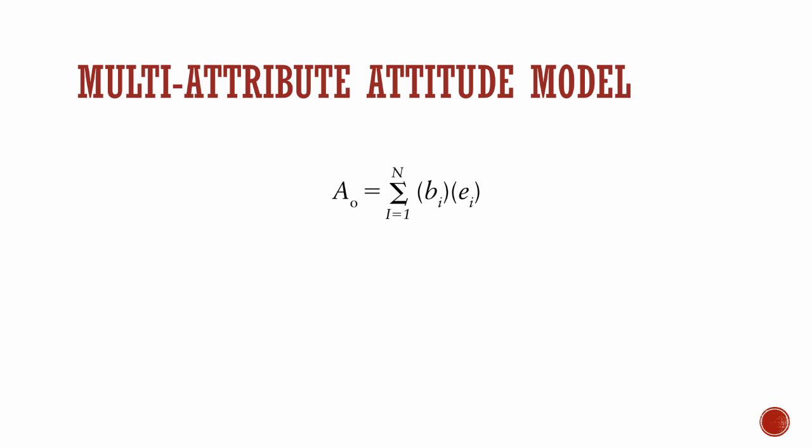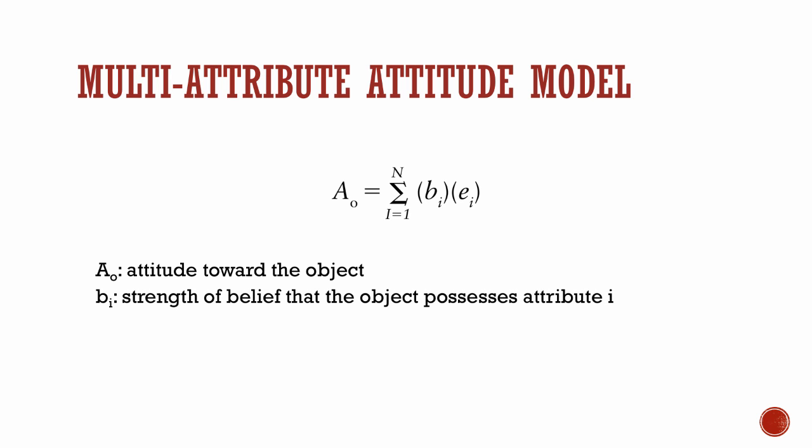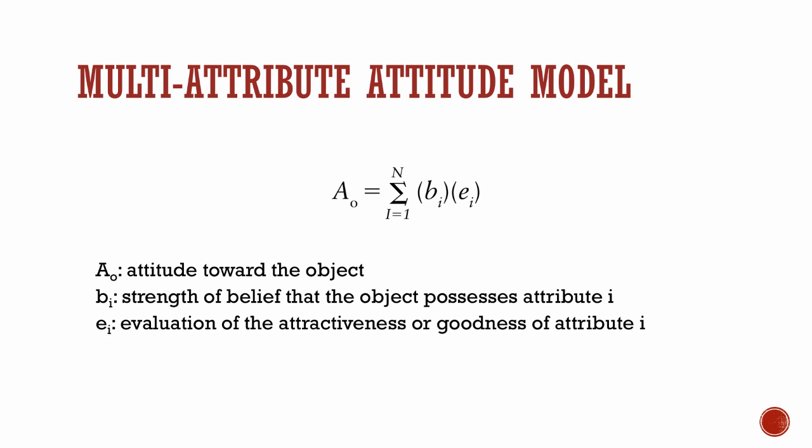A multi-attribute model represents a respondent's attitude about some activity, object, event, or idea by taking belief scores assessed with some type of rating scale, then multiplying each belief score by an evaluation of the matching characteristic, also supplied using some type of rating scale, and then summing those products together.